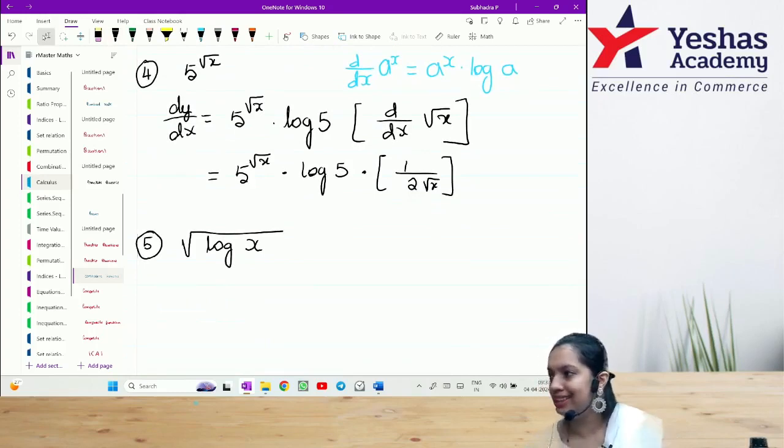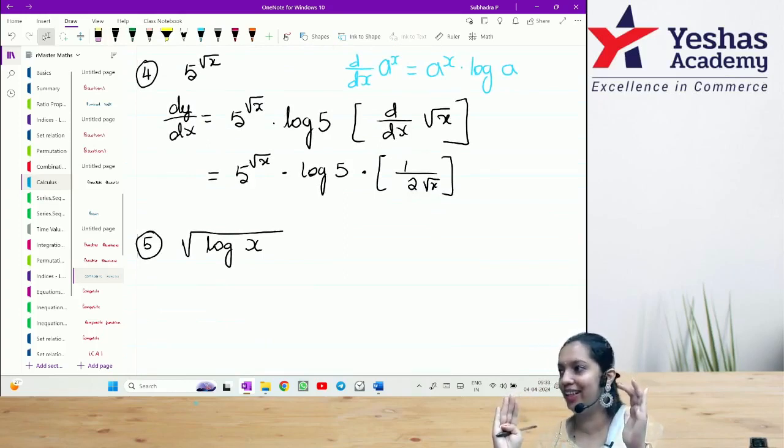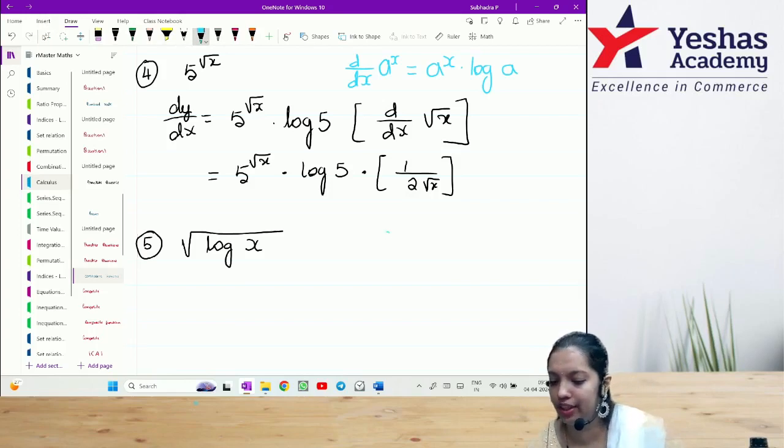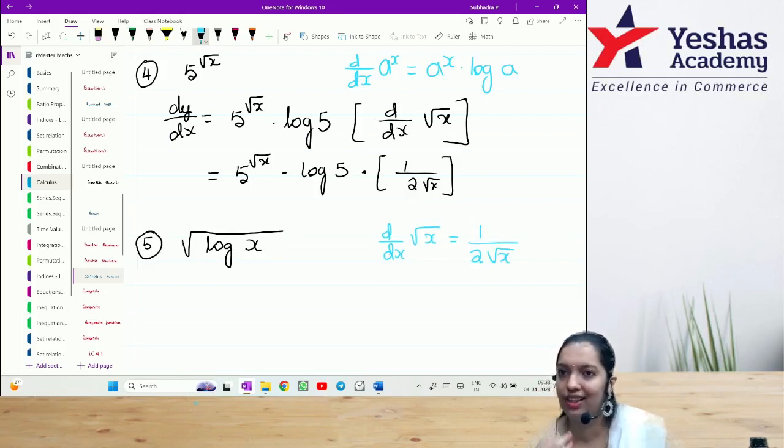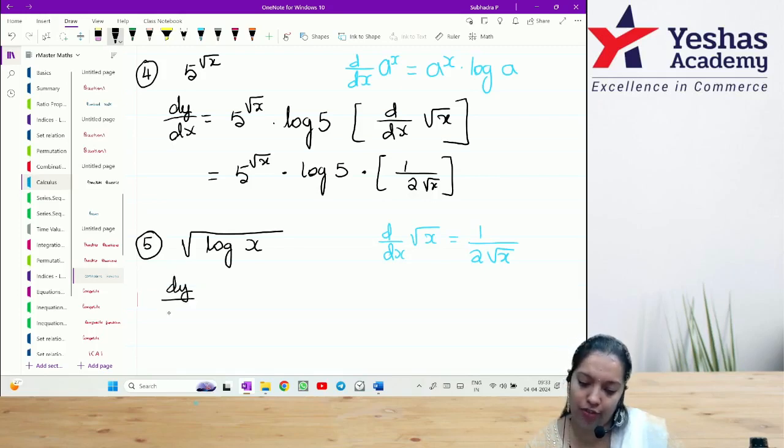When I see it at the outer layer, what do I have? A root. What is the formula for the derivative of root x? 1 by 2 root x. In place of x I have log x, so I'll just put that. So your answer is 1 by 2 root log x.